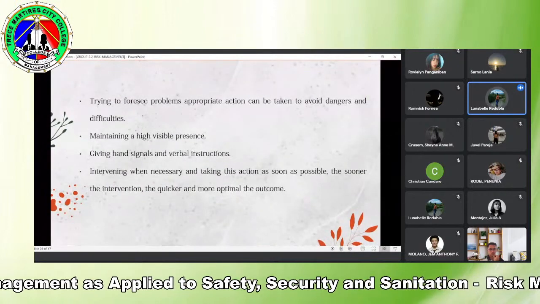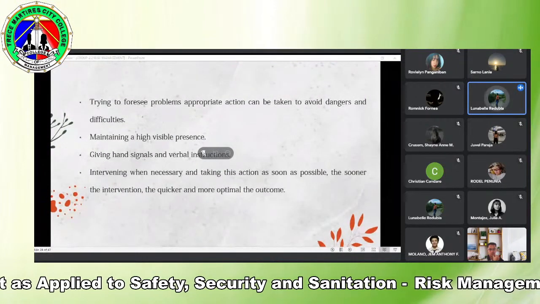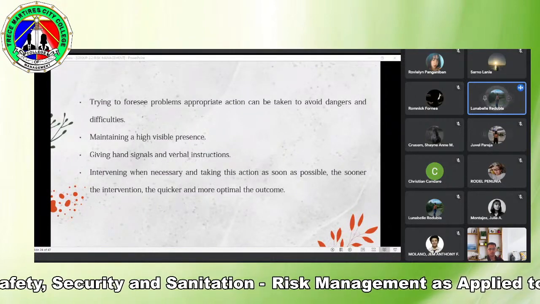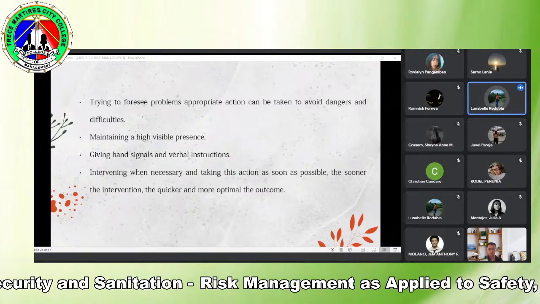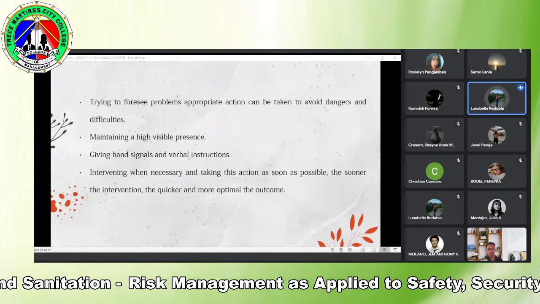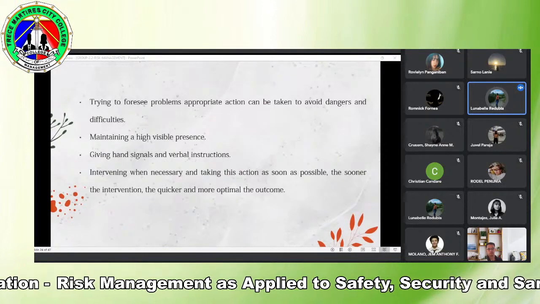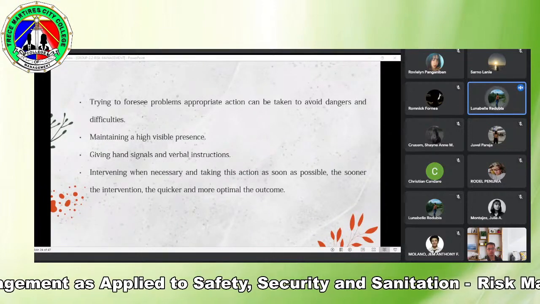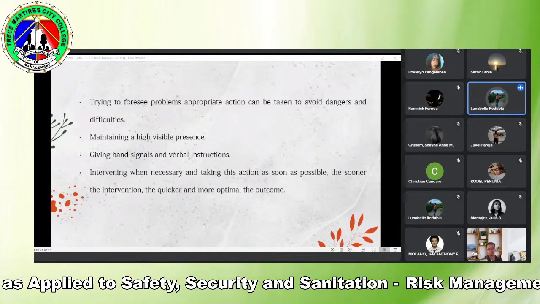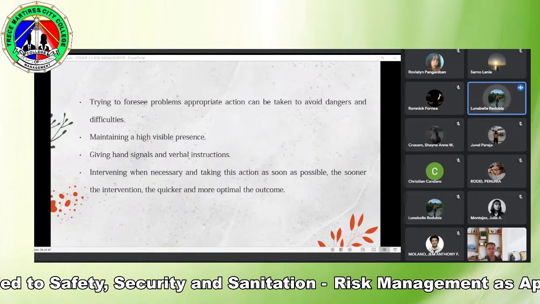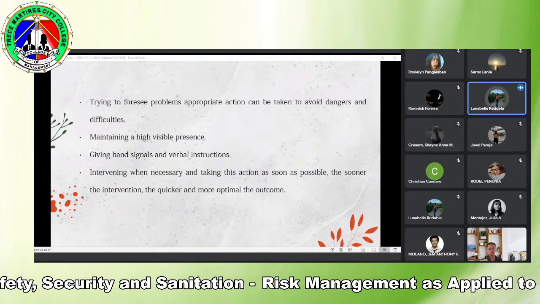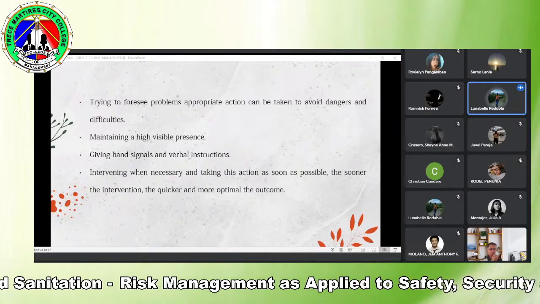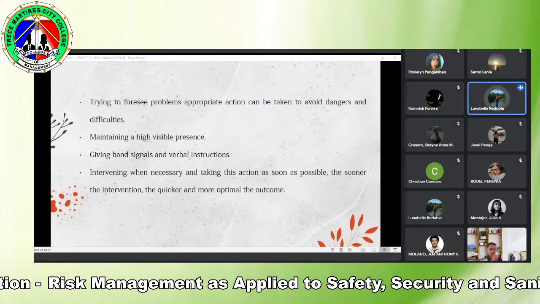Maintaining a high visible presence. The presence of an authoritative figure can keep people in line and prevent someone who might attempt something illegal or inappropriate from acting weird or being suspicious. Example, habang nasa tour kayo tas merong taong sunod na sunod sa'yo, once na dumikit ka sa taong may authority or may authoritative na presensya, pag tinignan mo yung nasa likod mo, wala na yung sumusunod sa'yo.